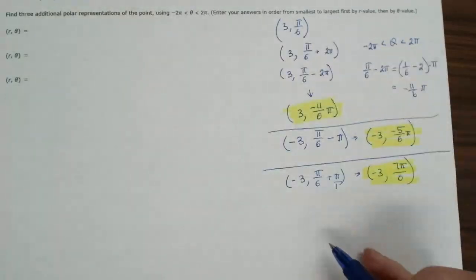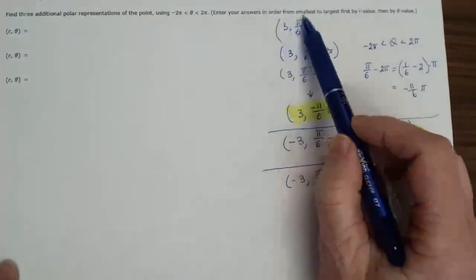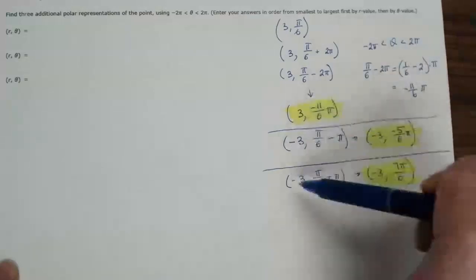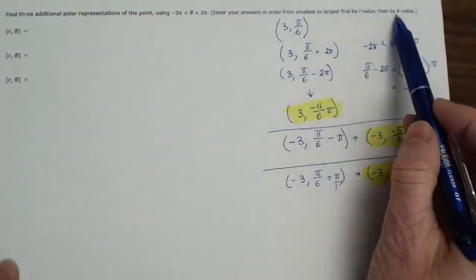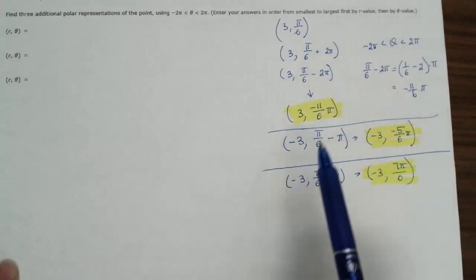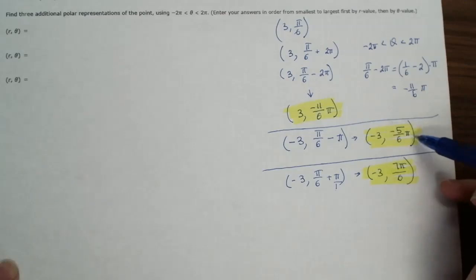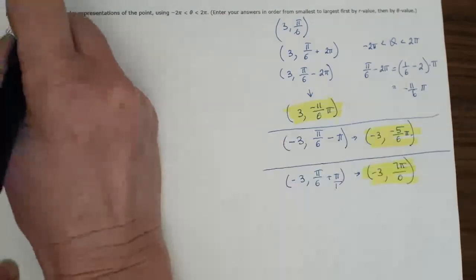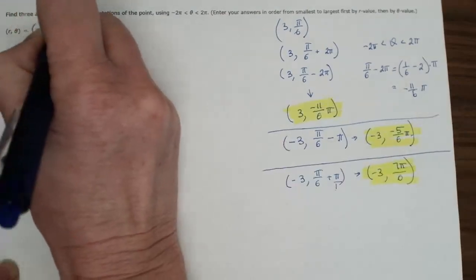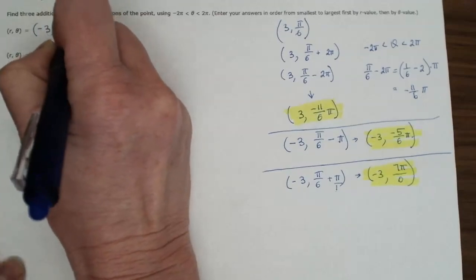Now we need to put them in order, and they said smallest r value first, and then the value of angle theta. We have positive, negative, negative. So we have to decide which angle is smaller. Negative number is always smaller than the positive number. So it will be negative 3, comma, negative 5 pi over 6.